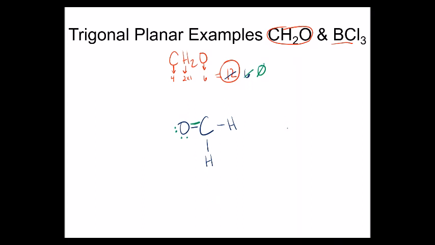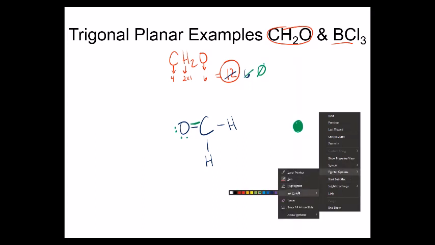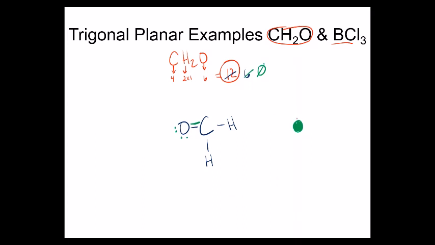Now if we're drawing the ball and stick for this, you have carbon here. Let's draw the ball and stick so we get a good idea of the flat triangle. Okay, here's the oxygen. And yes, I know I'm artistically challenged.